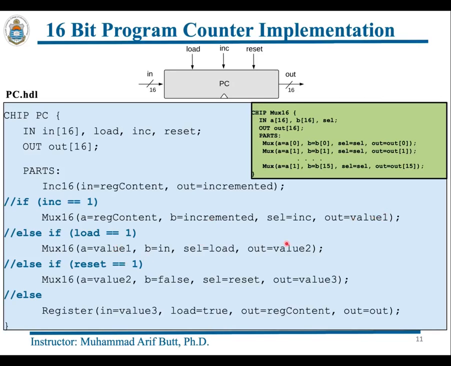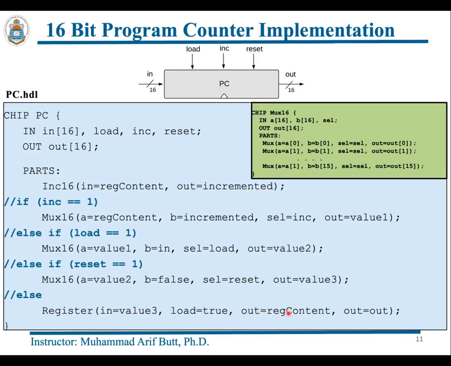The third multiplexer chip, this one, decides whether to reset the value of the register to 0 or not, depending on this selection input, that is the reset. And finally, if the load and the increment and the reset inputs are all 0, then the same register contents are again loaded inside the register.